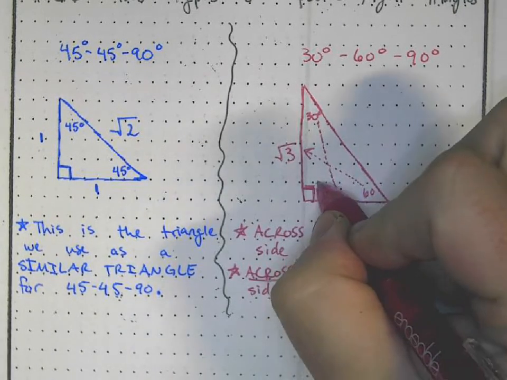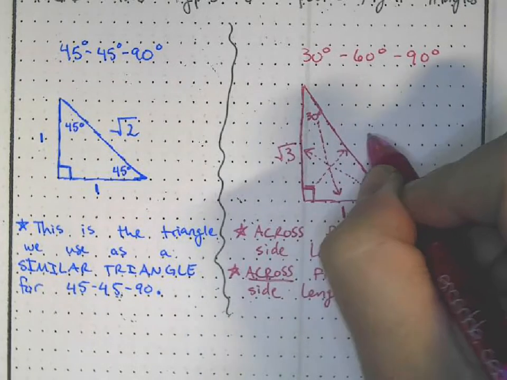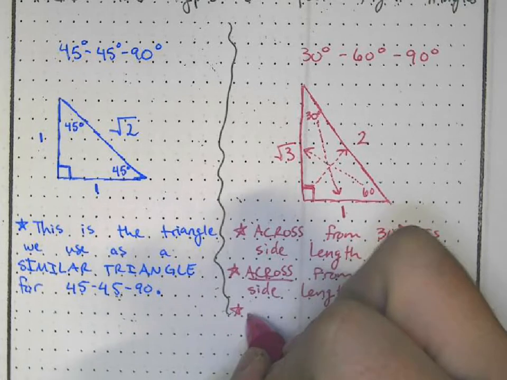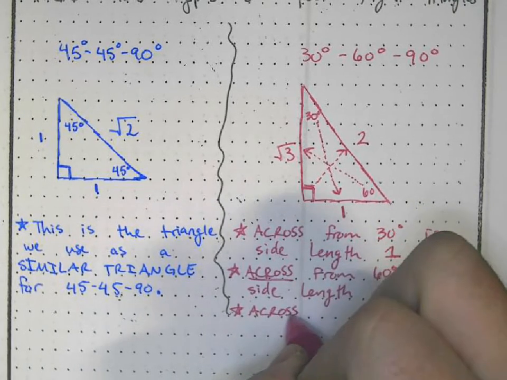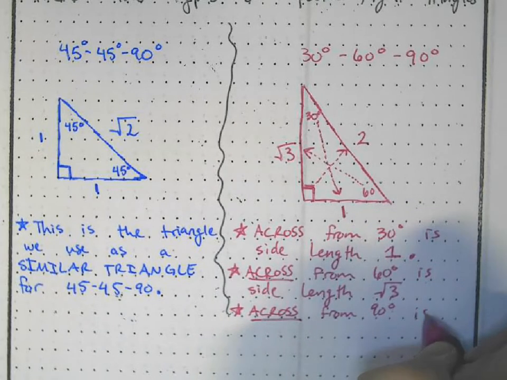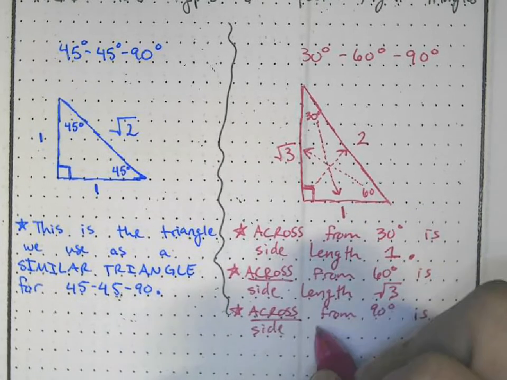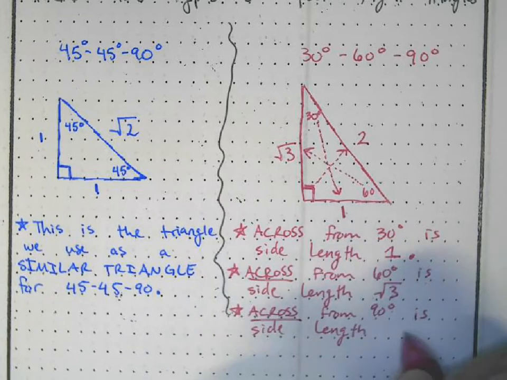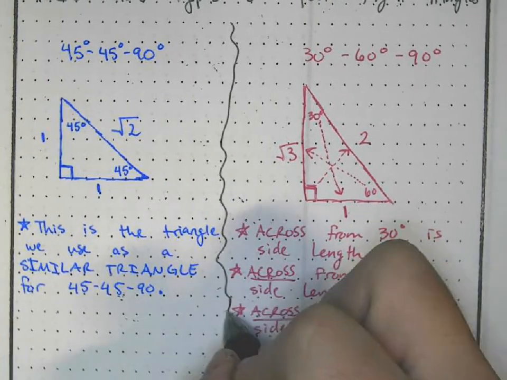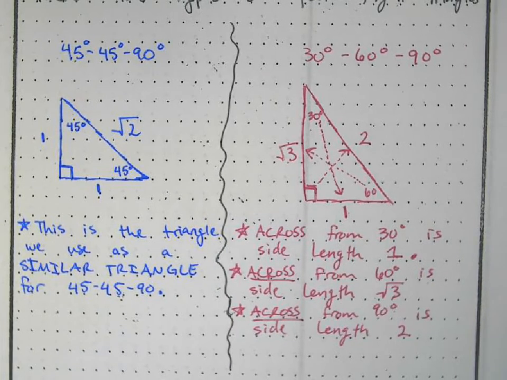And then across from our 90 will be side length just a 2, normal 2. So across from 90 degrees is side length 2. And that's the triangle we'll use when we're doing our similar triangles for 30, 60, 90.